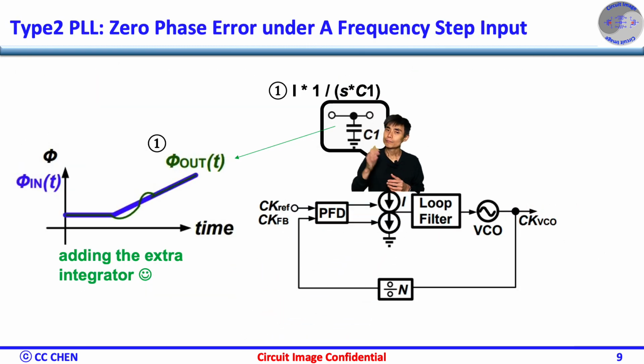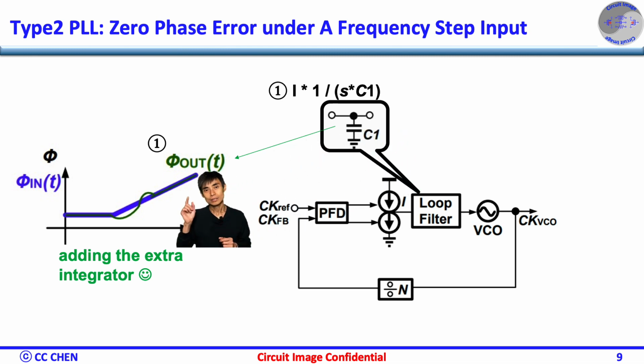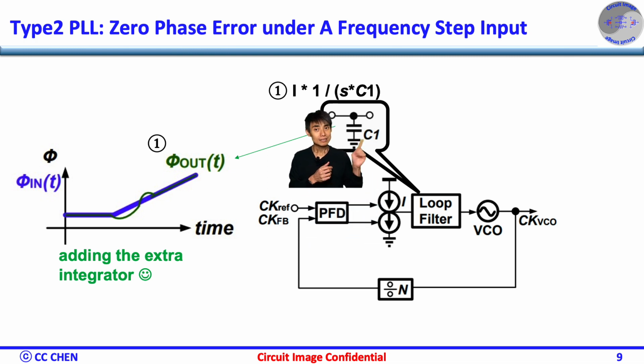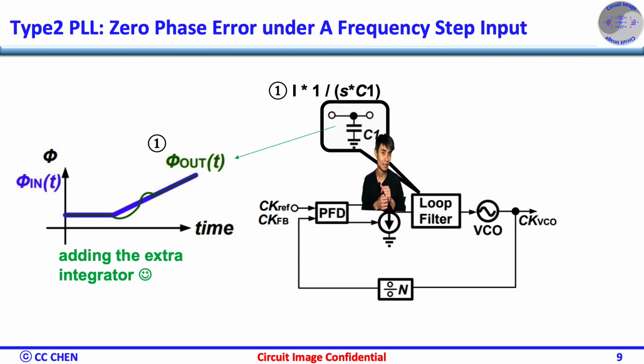Right, by adding the extra integrator, the frequency step at the input will have a 0 steady-state phase error. You can prove it by yourself from the final value theorem. So, what's the simplest integrator? Yes, current dumped to a single capacitance as shown here.